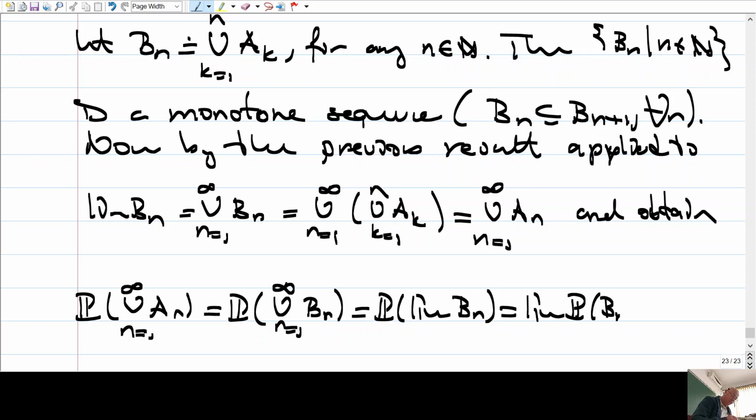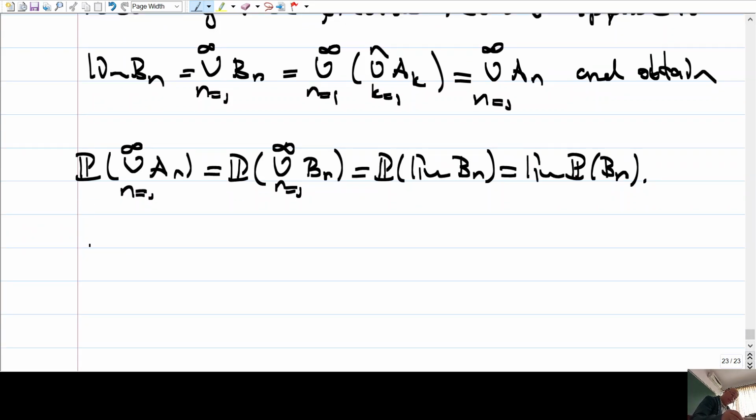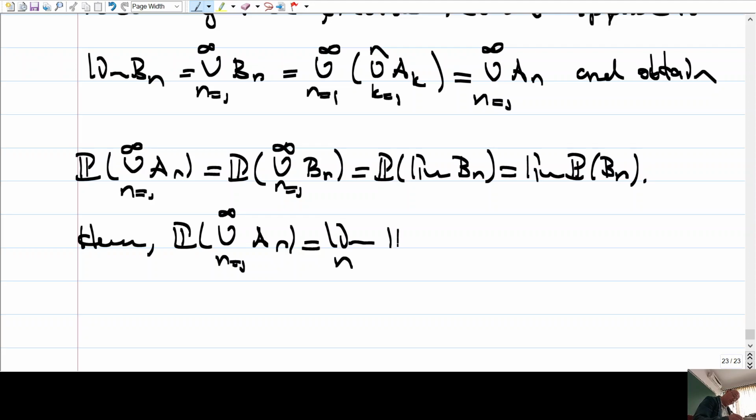This is what we have just proved. And so we have this, and finally, hence this gadget, which is just the limit of P of A1 up to AN, right?